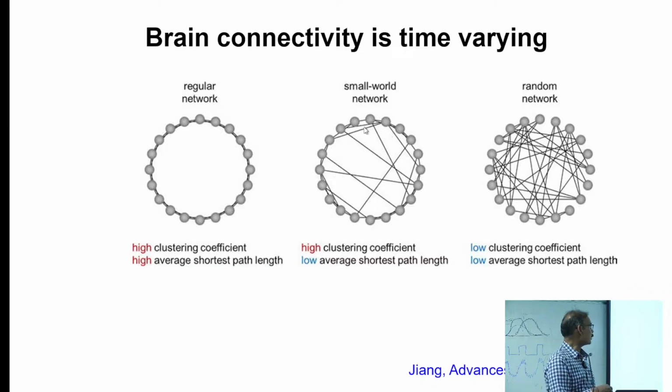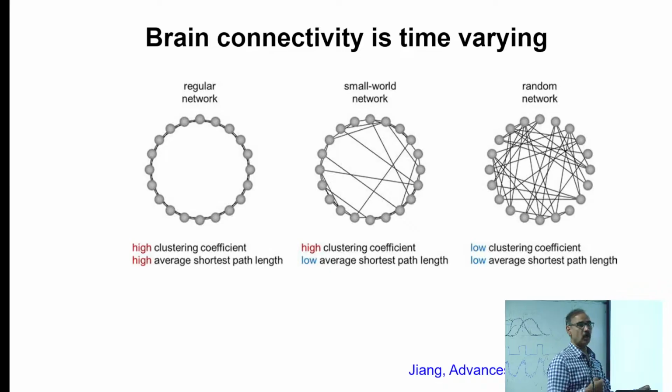Maybe this one is Delhi, and maybe this one is Bombay. So you can still go from one point to the other, but even if one is closed down, you can go through the other ways, right? So this is called a small world network.